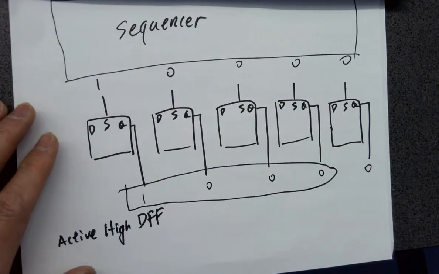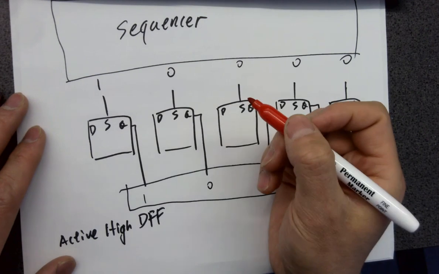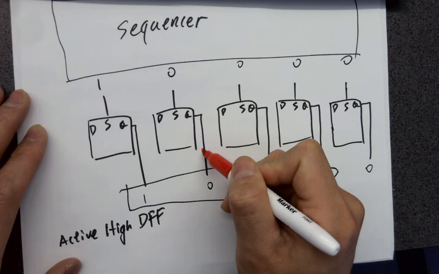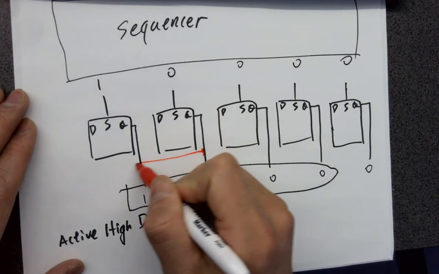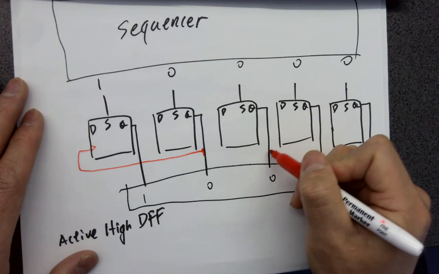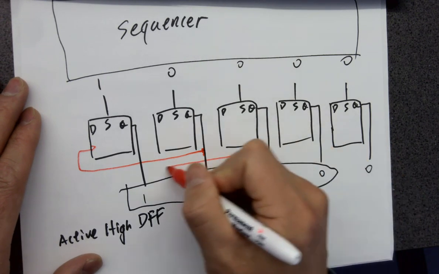And then we use the output from the next stage as a clock input to the first stage, and just keep doing that for the following stages as well.